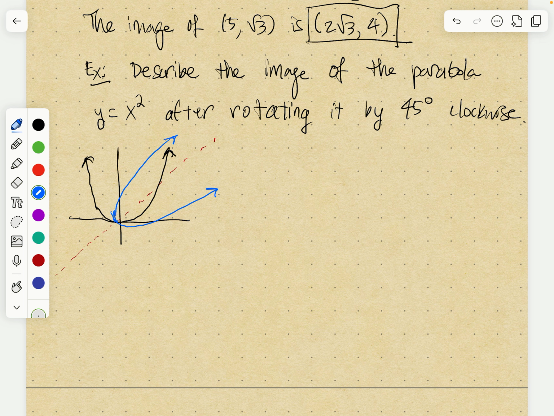Okay, that's the question. So for convenience, let's call this parabola y equals x squared C, and we'll call the image of this parabola C prime. And we want to specify what the points on C prime are. So how are we going to do that? Let's say that you have a typical point on the parabola x comma y, and let's say that it will go to the point a comma b.